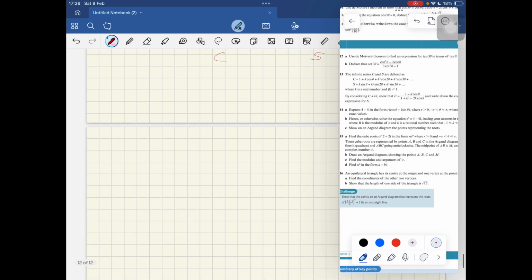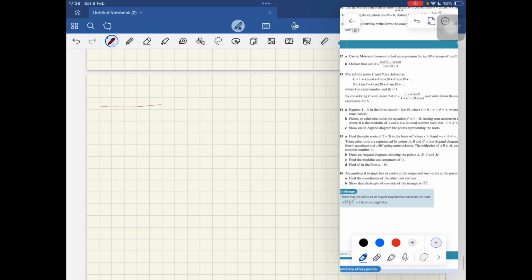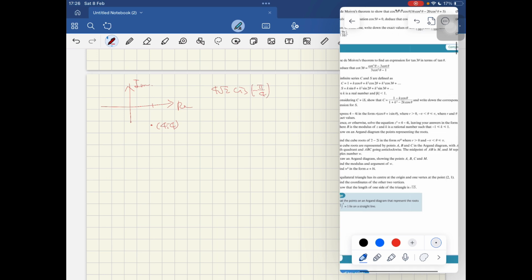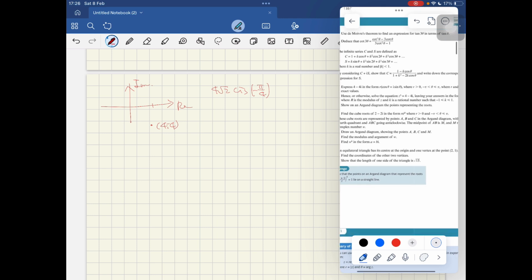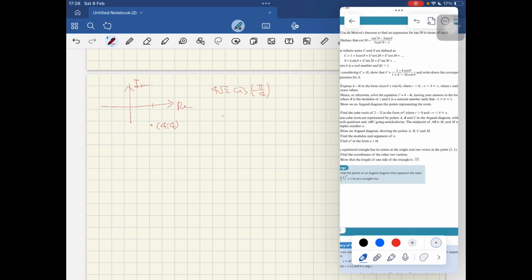And number 14, 4 minus 4i. From the Argand diagram, we can tell its distance from the origin is 4 square root 2, cis negative pi over 4. And otherwise for the equation, we can make z to the power of 5 equal to 4 square root 2 cis (negative pi over 4 plus 2k pi).